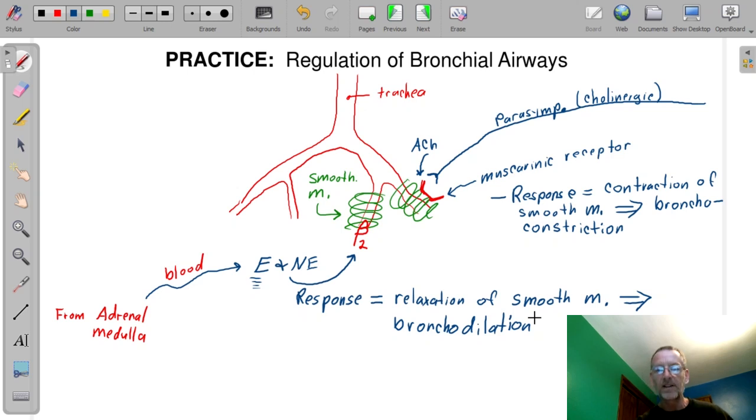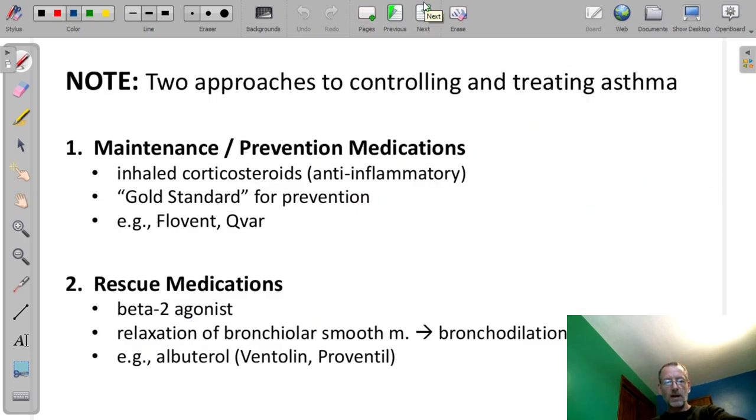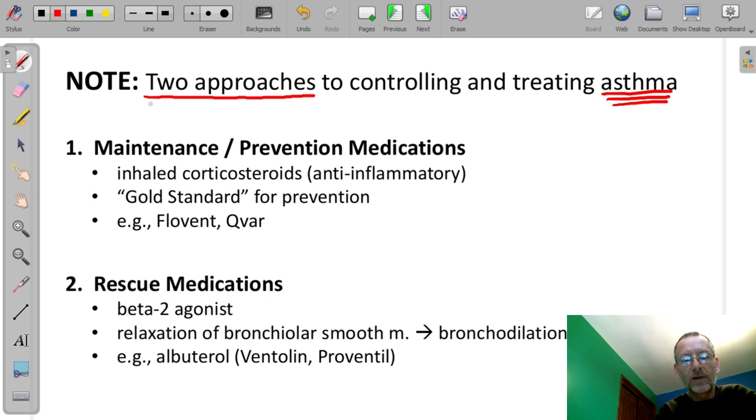So let's do that last slide now. And so I've sort of summarized a couple of things that I'd like you to remember. So when we're talking about asthma, a patient with asthma, and you're trying to control it, there are basically two approaches to controlling the asthma. One approach is to maintain it and prevent the asthma from flaring.